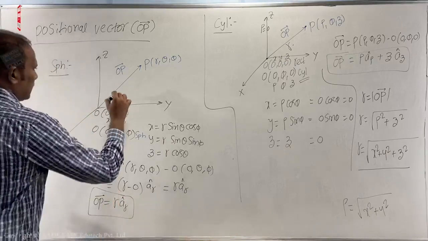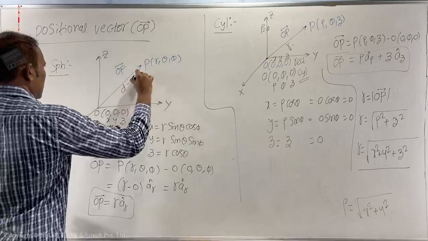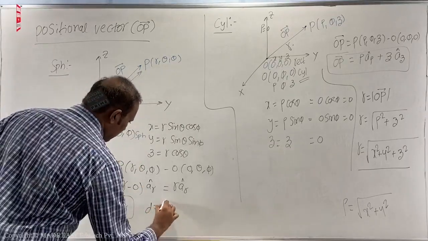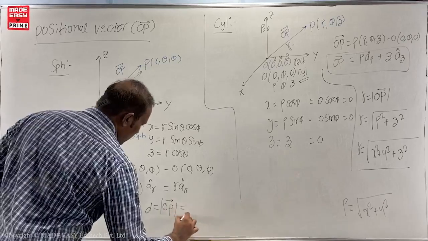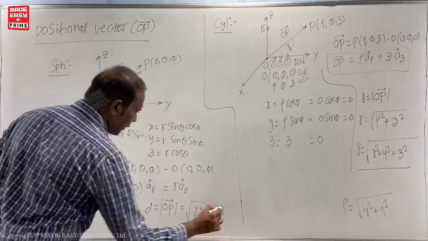Then what is this distance? I will call this as a distance b. So what is this distance? Distance is equal to modulus of OP, that is equal to root of r square, that is equal to r.